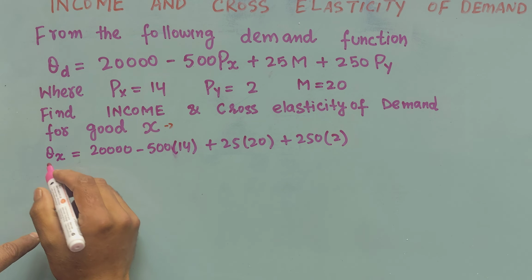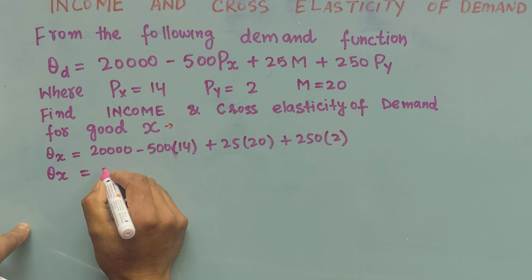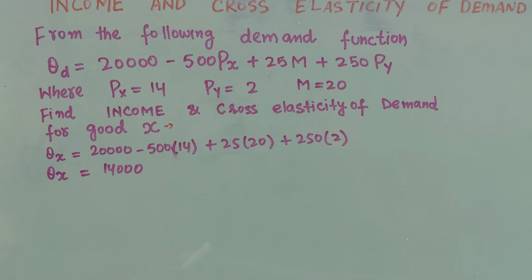When we solve this, we will get quantity demanded of good X equal to 14,000. I don't have the space and time, so you can do this calculation by yourself.